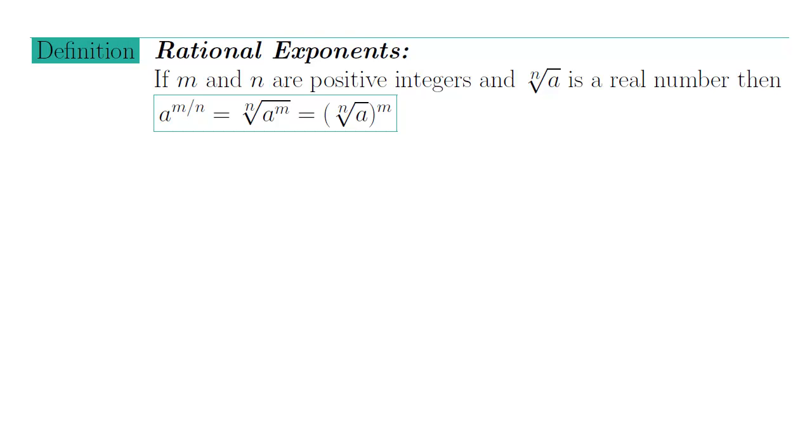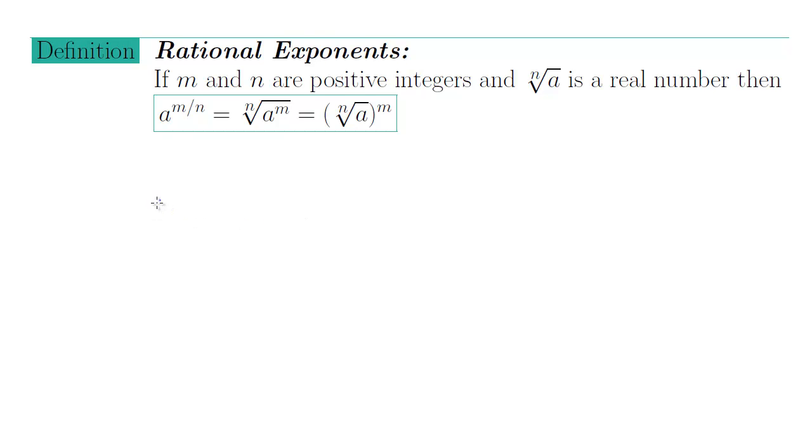If m and n are positive integers, and the nth root of a is a real number, then a raised to the fractional exponent m divided by n is the same thing as taking the nth root of a raised to the mth power, or the nth root of a all being raised to the mth power.